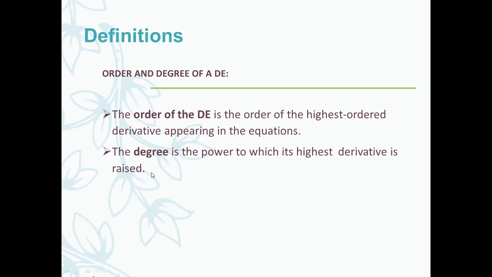So if your highest order derivative is raised to an exponent of 3, then the degree of your DE is 3. If it's not raised to any other exponent, it is understood to be degree 1 because we don't normally write the exponent 1. So first, determine the highest order derivative. That is the order of your DE. Then check its power or its exponent, that is already the degree of your differential equation.